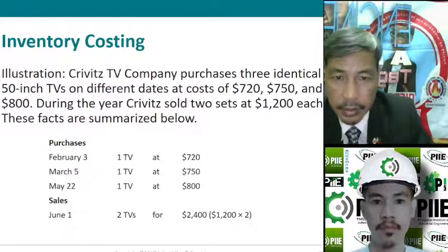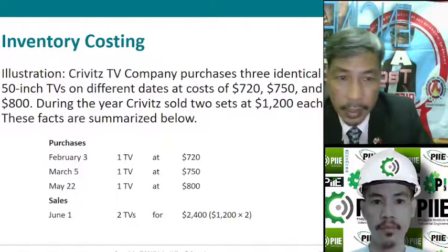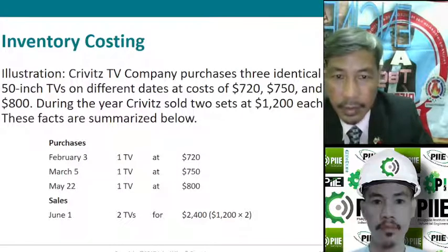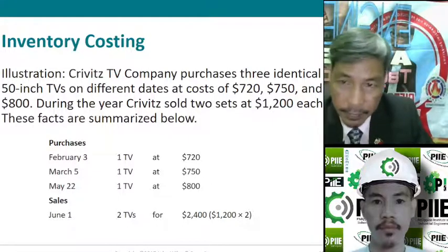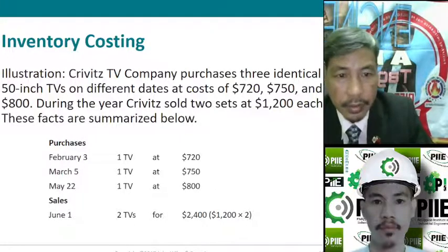Purchases: February 3, 1 TV at 720. March 5, 1 TV at 750. May 22, 1 TV at 800. Sales, June 1, 2 TVs for 2,400.